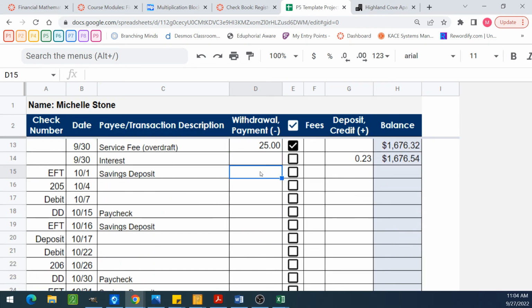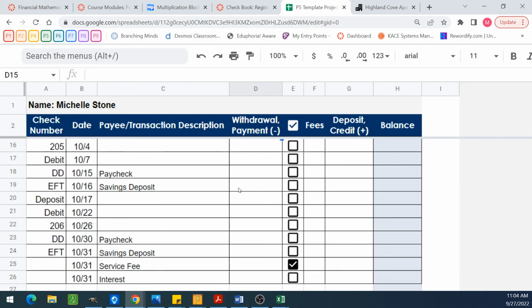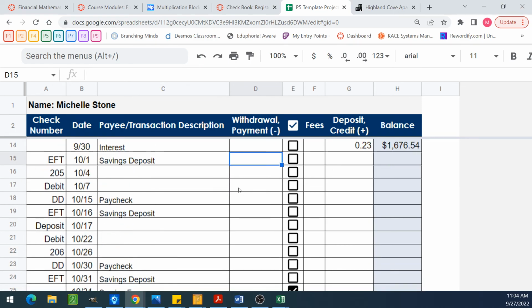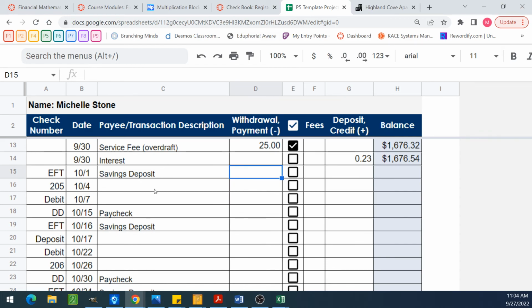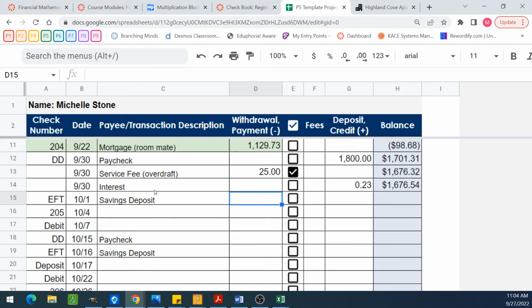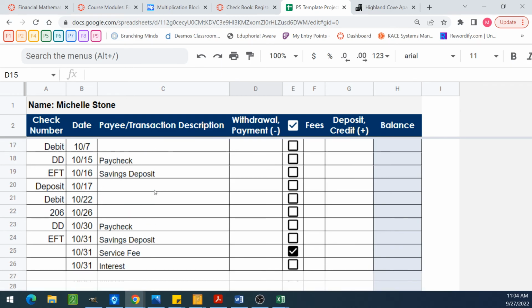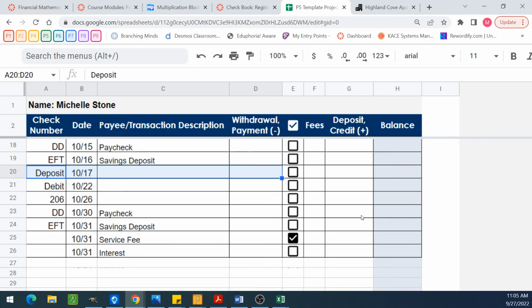However much you want. Do you guys think you can fill out the rest of this yourself? The only one that I think you might know is they have a deposit. Oh, wait, I lost a lot of money because I put in my savings. So this is the only one I think you might not know. A deposit. What are types of things you would need to put a deposit on?